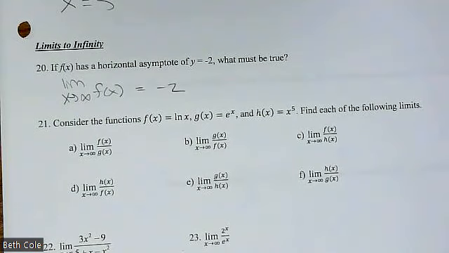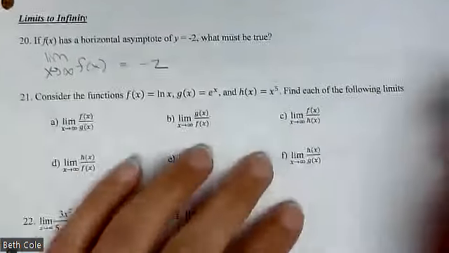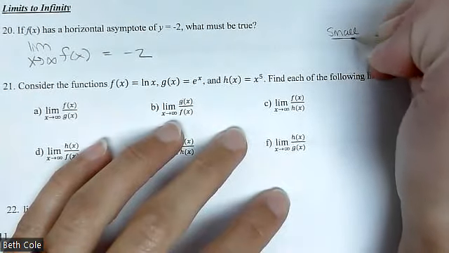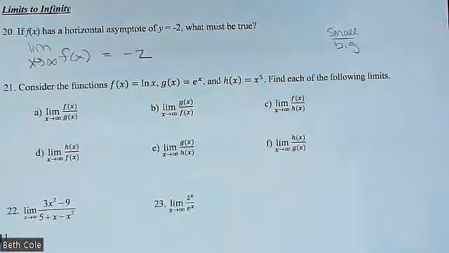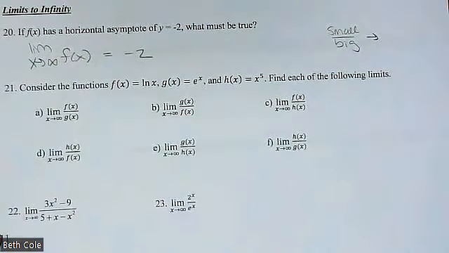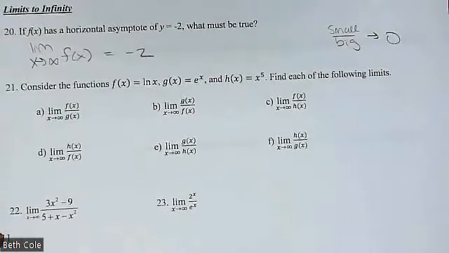Now, I threw this next section on here just to practice all of them. If you end up, I'm just going to write it off to the side here, with small over big, for lack of a better way of putting it, those are super technical terms there. Where is that going to level off? If the denominator keeps getting bigger and bigger, you end up with a situation where the denominator is getting bigger and bigger.